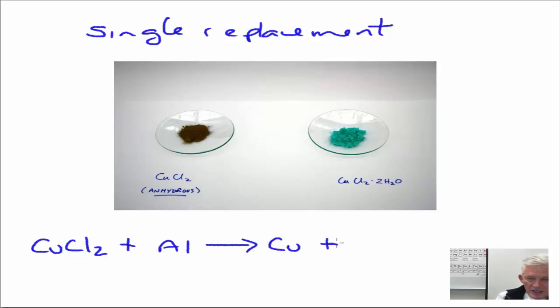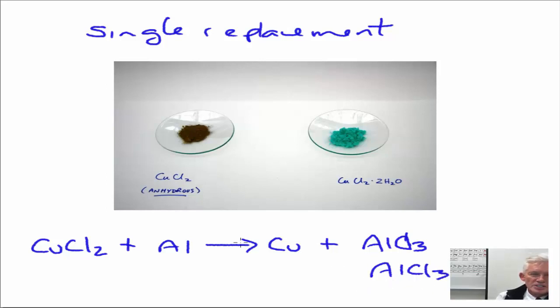Plus you have something called aluminum chloride, AlCl3. And again, these little numbers, subscripts, just tell you how many atoms of the element there are. That really looks bad. That's Cl3. Let's do that again. AlCl3.